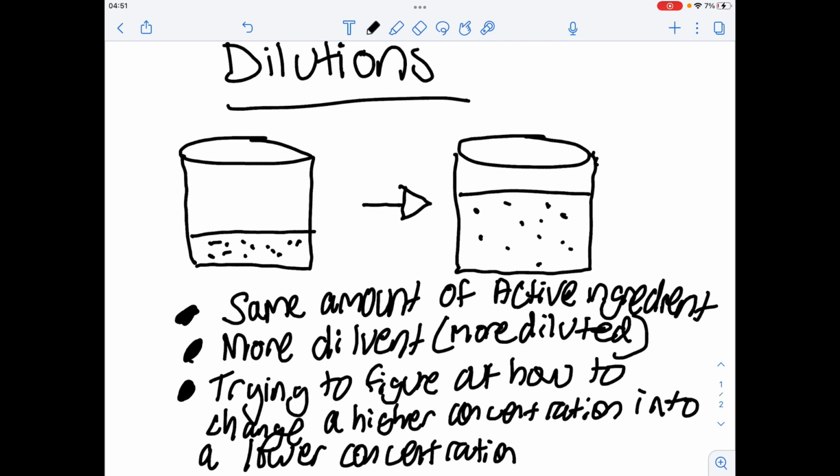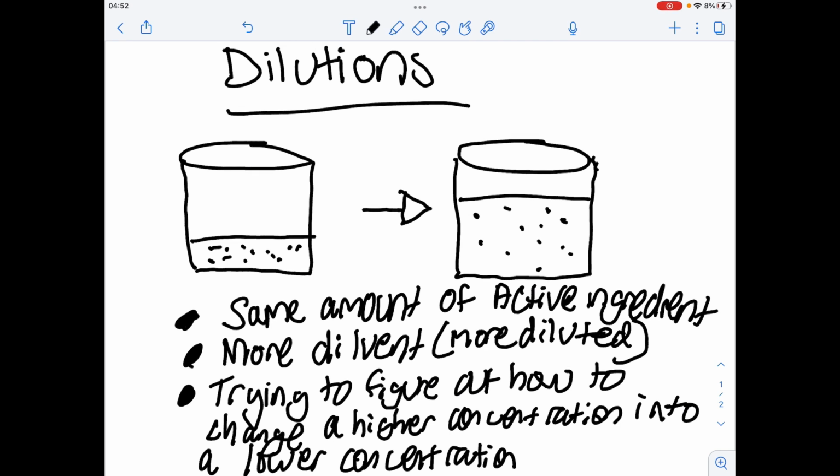And sometimes we need to know exactly how much of a certain percent concentration we need to then mix with a diluent to get the amount of concentration that we're looking for. So here you can see in this picture we have the same amount of active ingredient, but as we add more diluent, or we dilute it more, we end up with a lower overall concentration of active ingredient in our mixture.